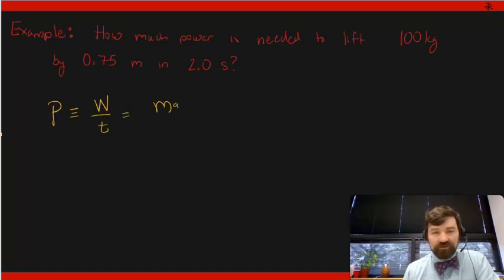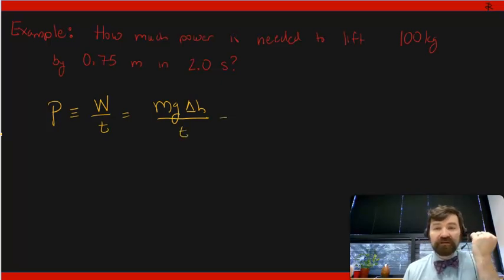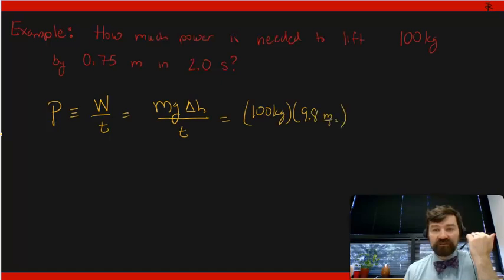And the work should be m times g times delta h. In other words, it's the change in potential energy divided by the time. So you have a mass of 100 kilograms. You have g, which is 9.8 meters per second squared. You have 0.75 meters, and you're doing all that in 2 seconds.